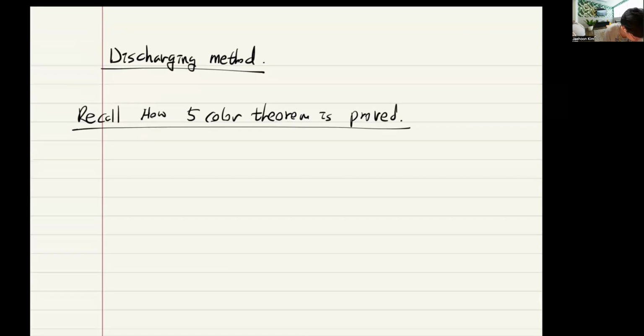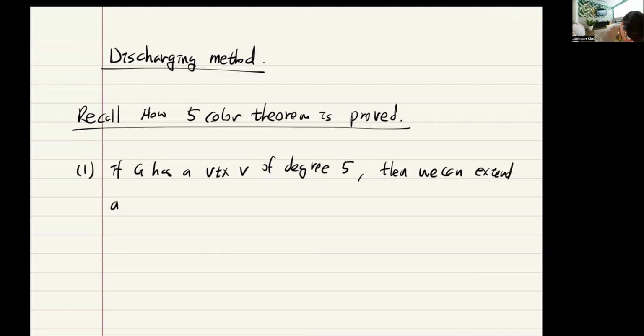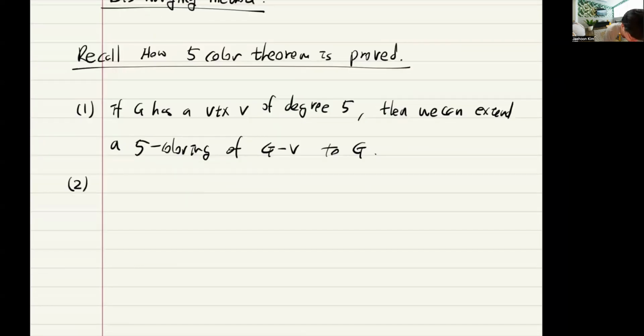So this structure is two steps. One, we show that if G has a vertex of degree 5, a vertex v, then we can extend a bicoloring of G minus v to G. So that's what we showed.